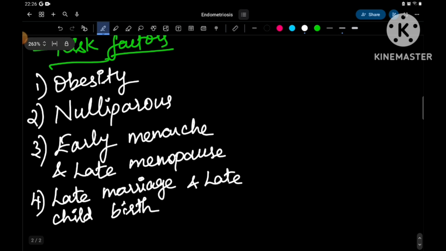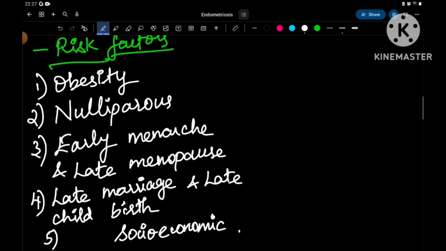Next, the fifth condition is socioeconomic status. What we commonly see in other conditions is low socioeconomic status, but here the socioeconomic status is high. So we see this in high socioeconomic status people, right?